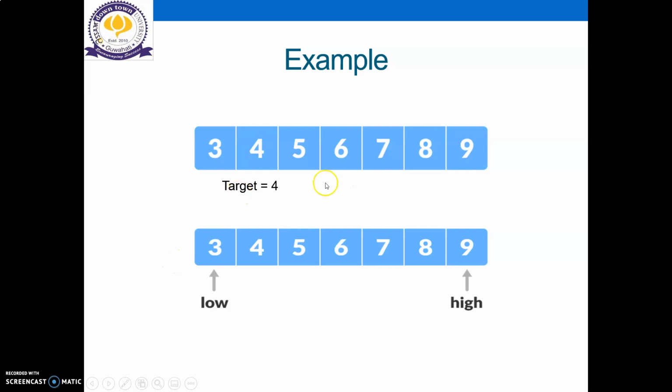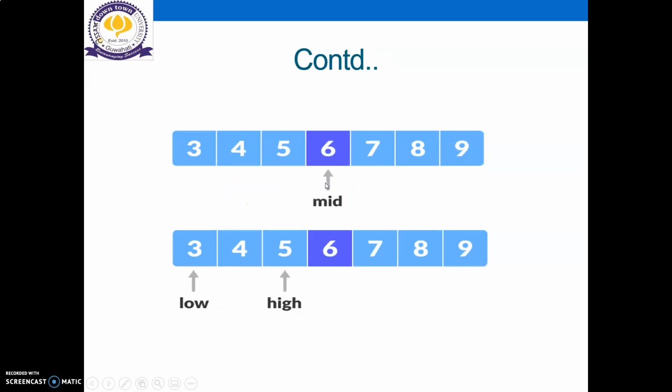Now, by the rule of binary search, we will directly go to the mid position of the array, which is 6. So 6 is the middle position. Now we can see that 4 is less than 6. So we have to consider only the array which is lesser than the value of 6.